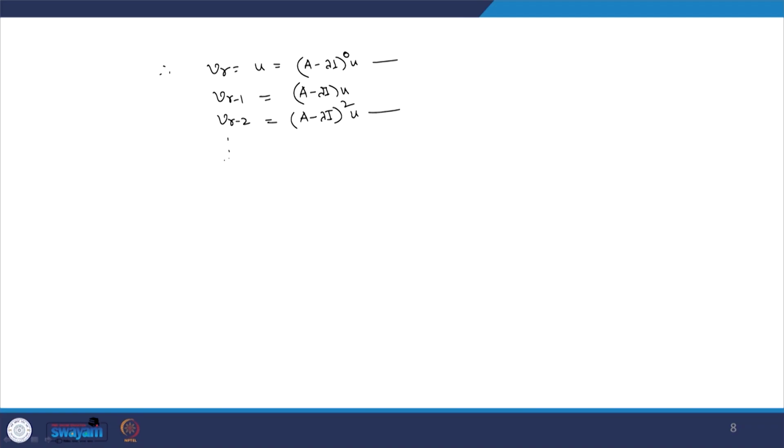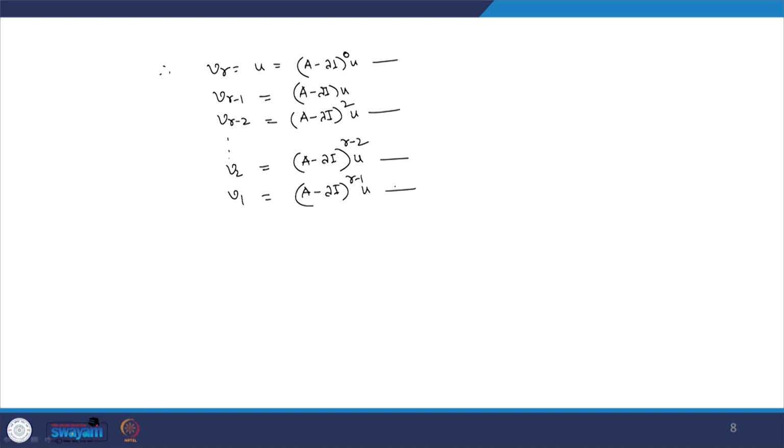I can consider V_2 equal to (A minus lambda I) to the power R minus 2 operating on U, and V_1 will be equal to (A minus lambda I) to the power R minus 1 operating on U.